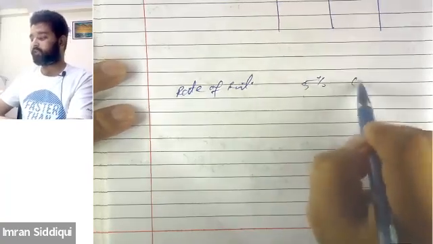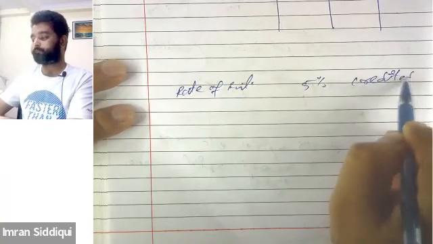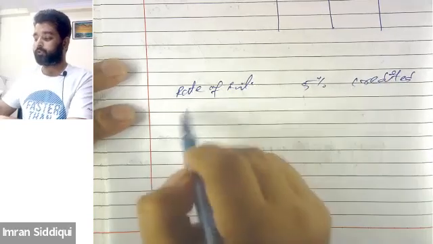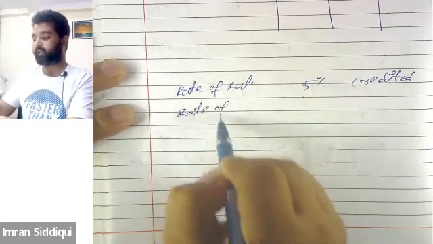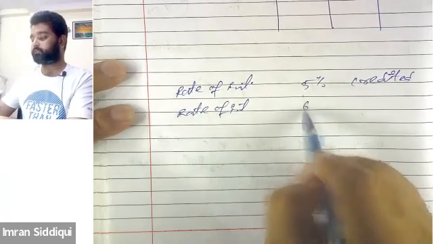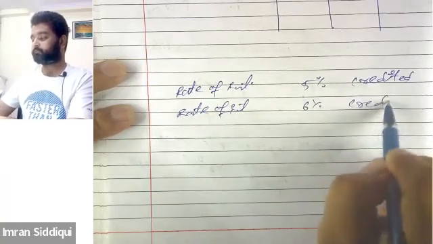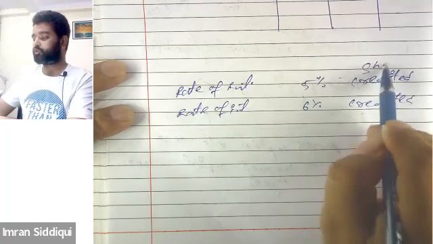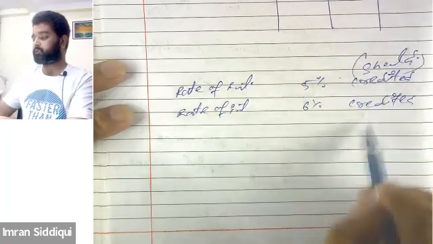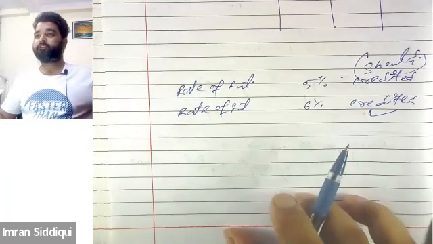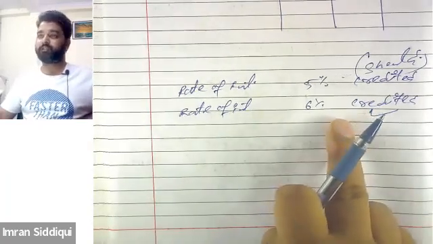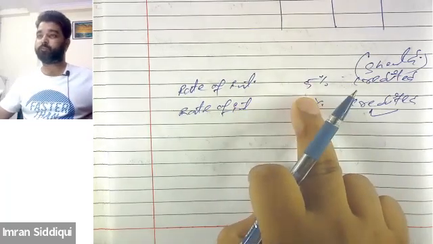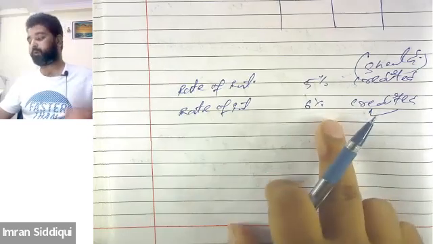But the rate of interest that we actually credited in the partner's account is 6%.